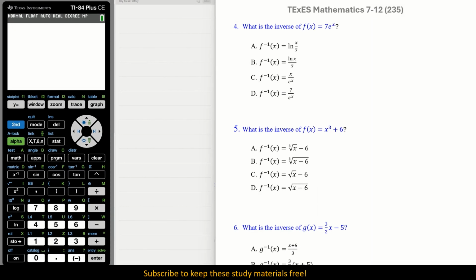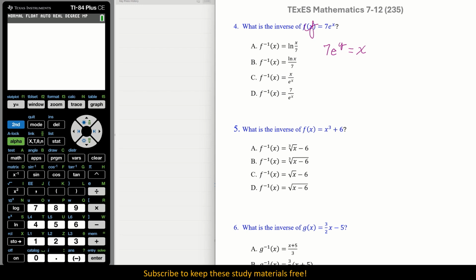Number 4, what is the inverse of f of x equals 7e to the x? So again, f of x will be our y, and let's say 7e to the y equals x.